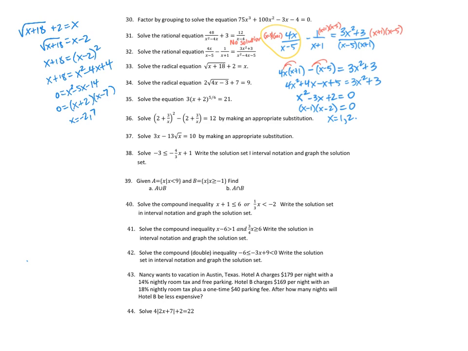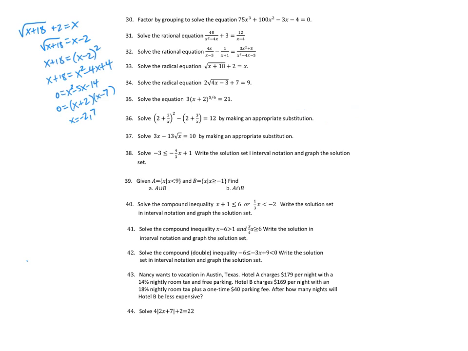So the next question is asking to solve another radical equation. And so for this one, I'm going to solve 2 times square root of 4x minus 3 plus 7 equals 9.